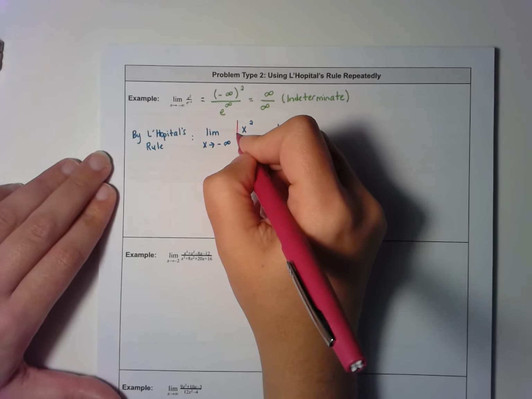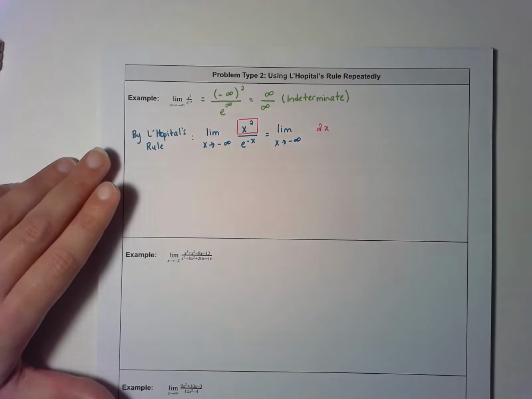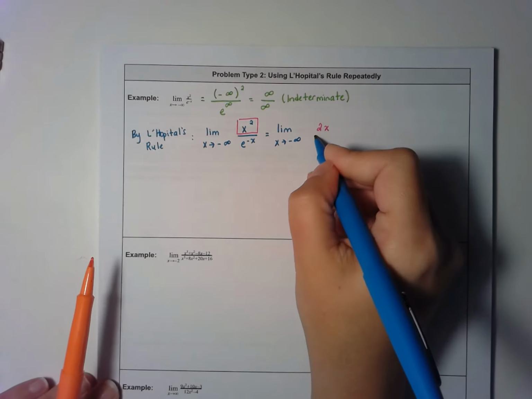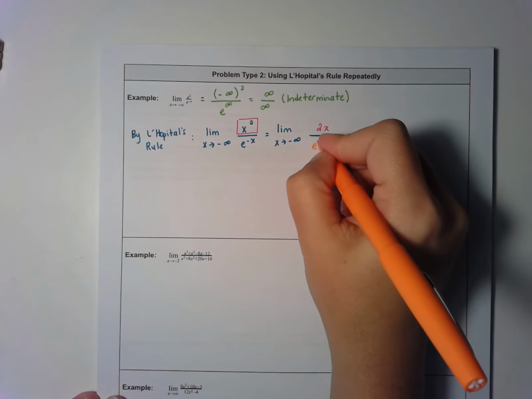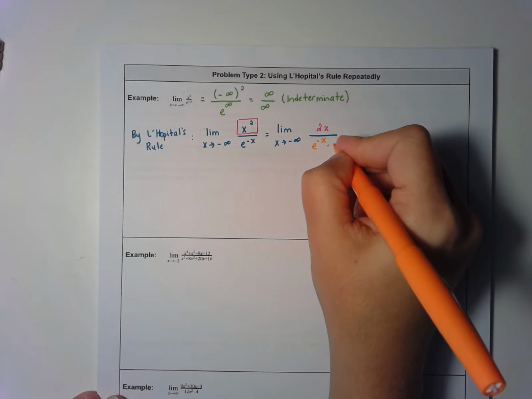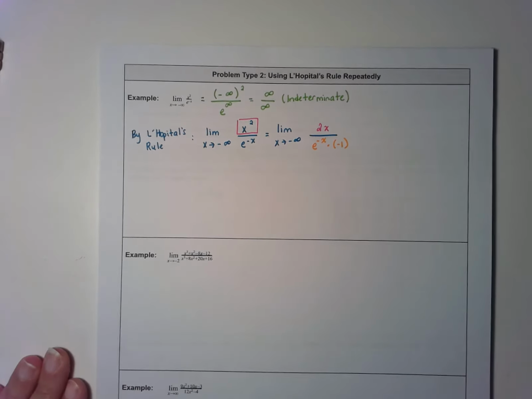So if we take the derivative of the top, we get 2x. And if we take the derivative of the bottom, this is going to involve using chain rule. So the derivative of e to the x would be e to the negative x times the derivative of the exponent, which is just negative 1.